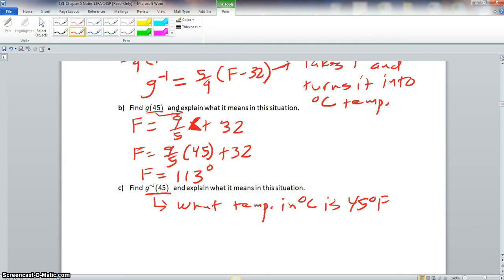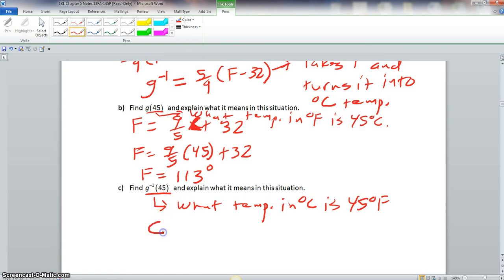This actually meant, before we wrote this, what temperature in degrees Fahrenheit is 45 degrees Celsius. That's why we were able to substitute in 45 for our C. Now, we're going to substitute in 45 for our F.